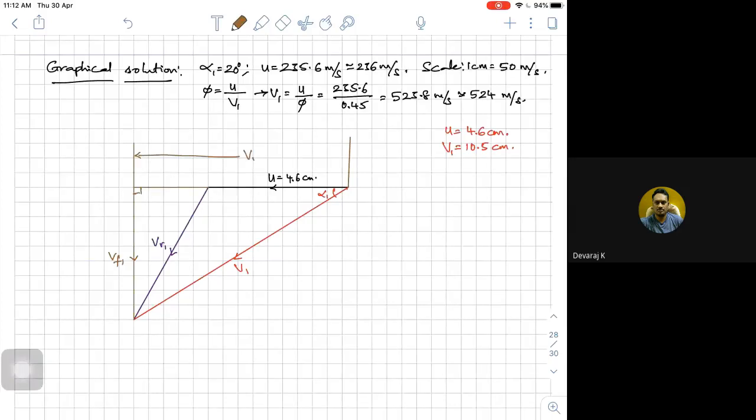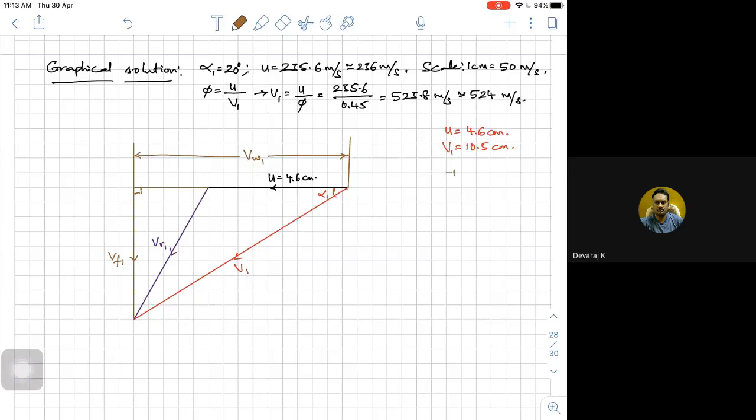So you will get it in terms of centimeters. Say VF1 will be 4 point something. If you draw it properly, roughly around 180 or 190 meters per second you may get. So VF1 you may get 3.8 or 4 centimeters, and you convert it by multiplying by 50. Then similarly, VW1, you measure that.